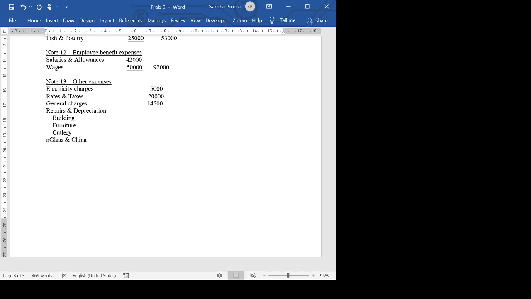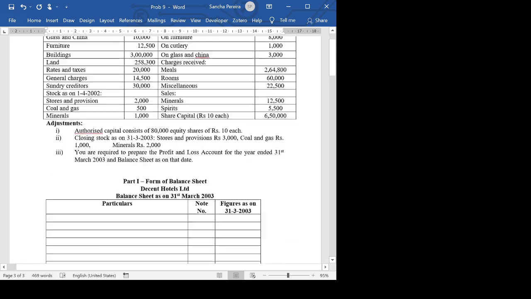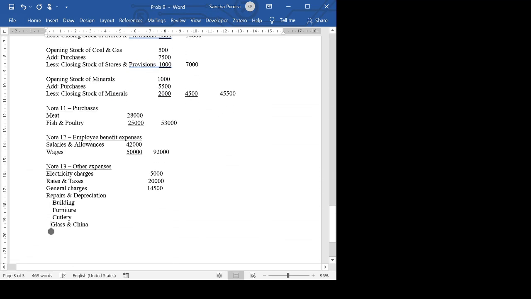Okay. So let's see the amounts. Building amounts are 12, 8, 1 and 3. And the total of this comes to 24,000.